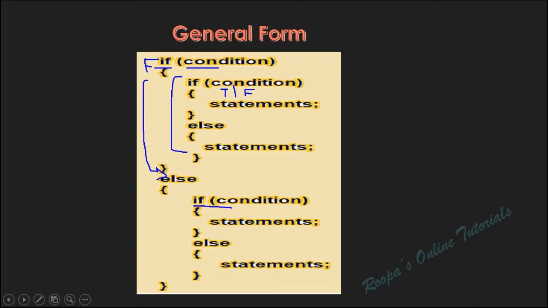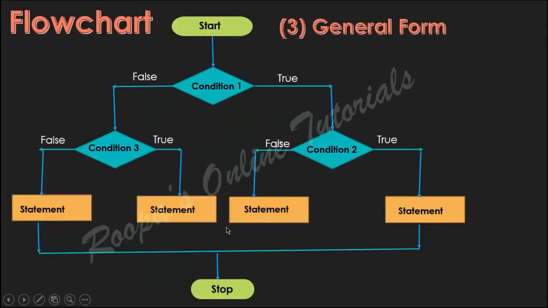And inside the else, we again have an if else condition. So when we want to check multiple conditions, we can use nested if statements. Here I have the flow chart where if the condition is true, it will execute one block of if else. If the condition is false, it will execute another block of if else.